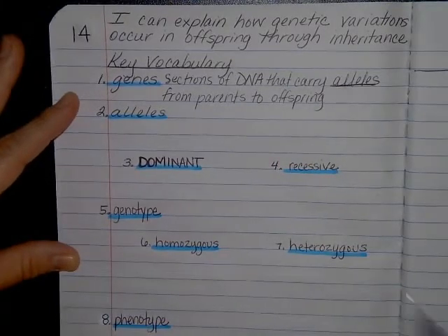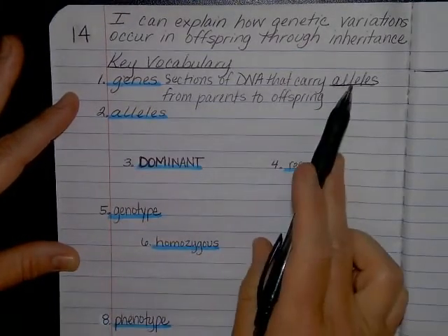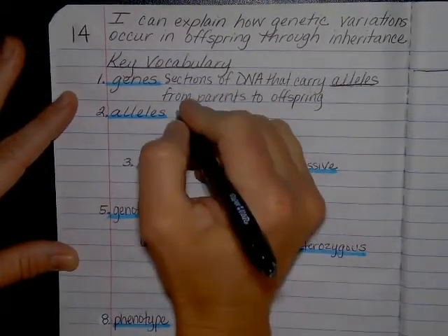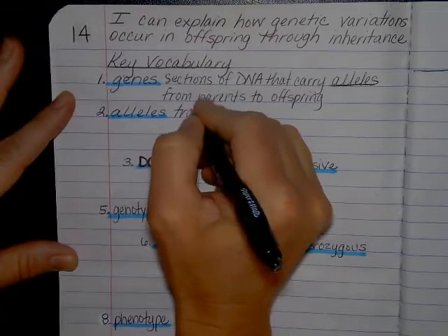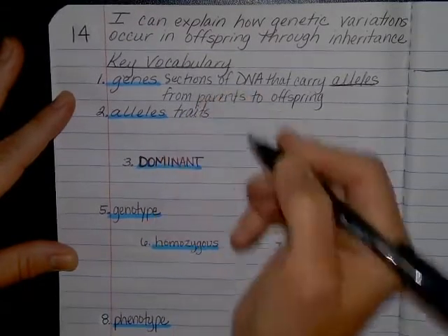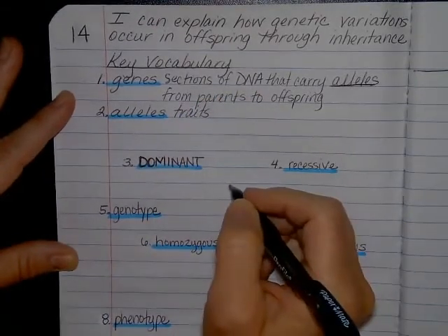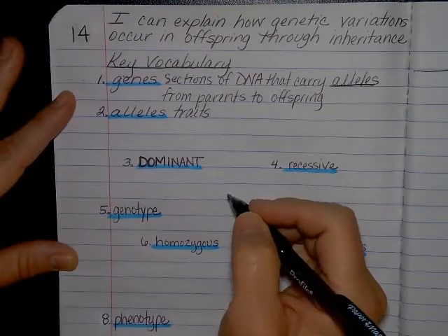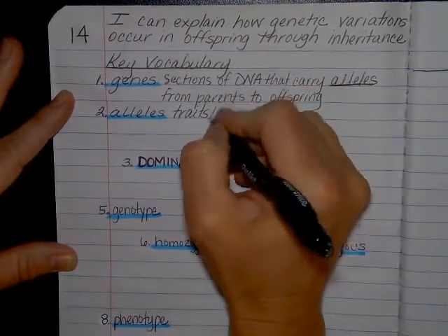Okay? So genes carry alleles, but the question is, what are alleles? Well, alleles are simply traits. So that might be blonde hair or brown eyes, or I'm really tall or really short, or just different traits or characteristics.